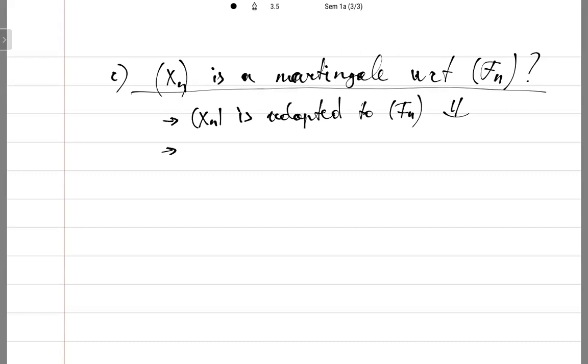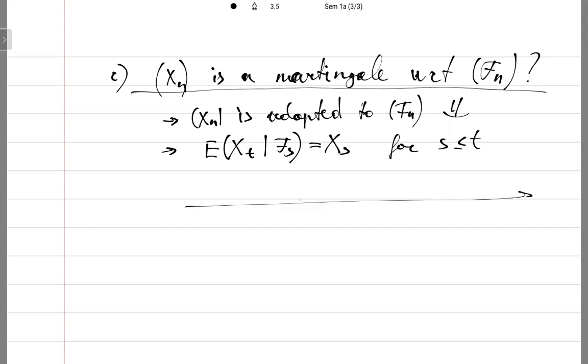And the one property of martingale that we need to check is that the best prediction of the future value of, say, Xt given Fs should be Xs for s less than t.